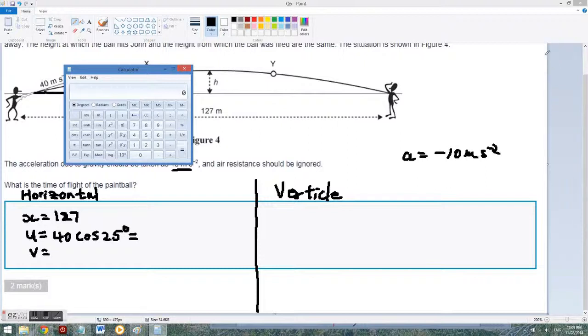Let me just put this in the calculator. Again, I need to learn how to use the calculator in Windows.